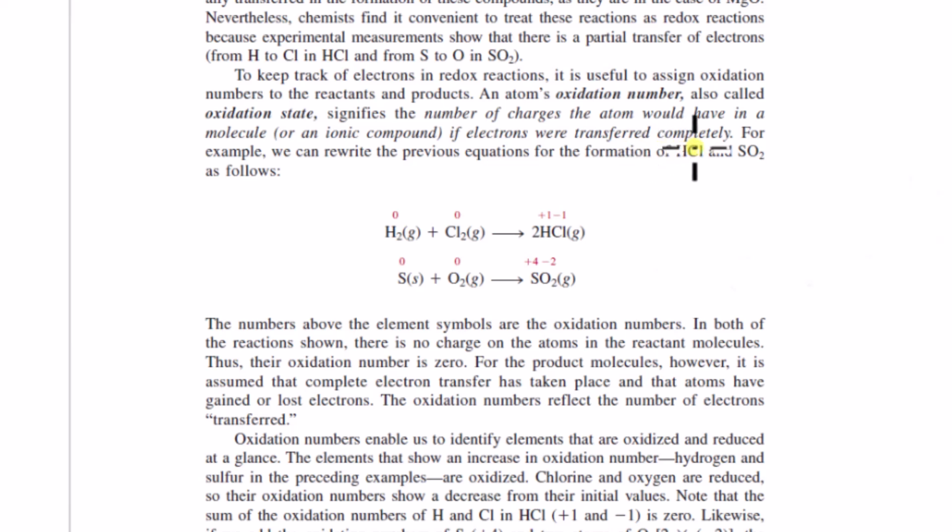The concept of oxidation numbers and how they're used to analyze redox properties of reactions is very simple. The challenging part is correctly assigning the oxidation numbers, which we're going to talk about in a few minutes. But the concept is what they just stated here.